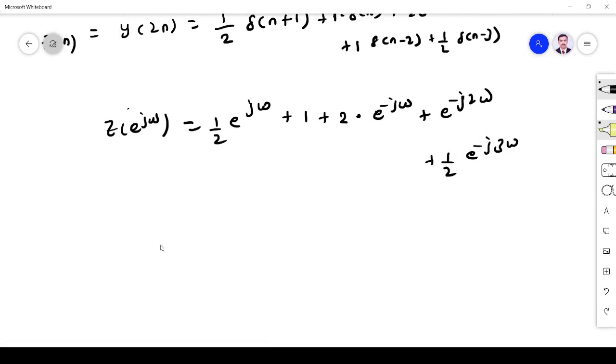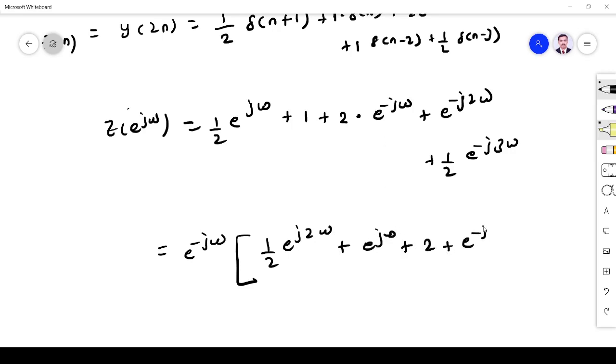Then I take e power minus j omega outside, so it becomes 1 by 2 e power j 2 omega, this one becomes e power j omega, this 2 stays as 2, plus e power minus j omega plus 1 by 2 e power minus j 2 omega.